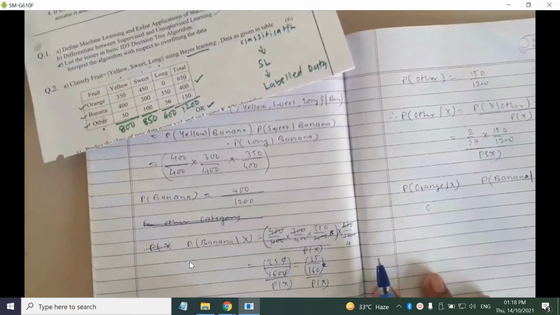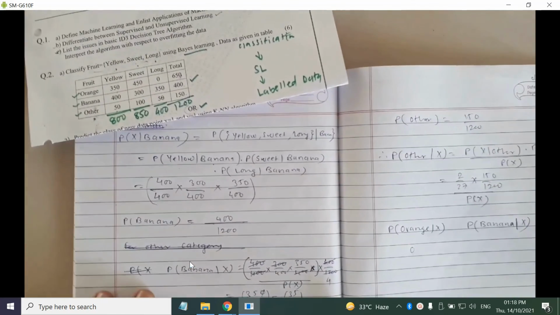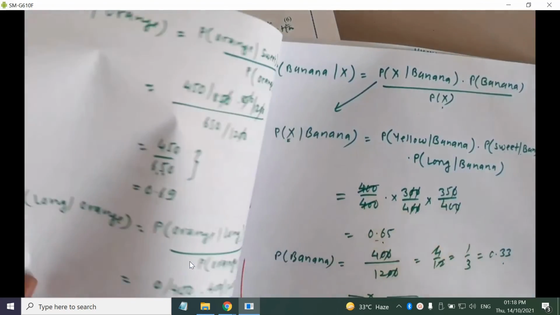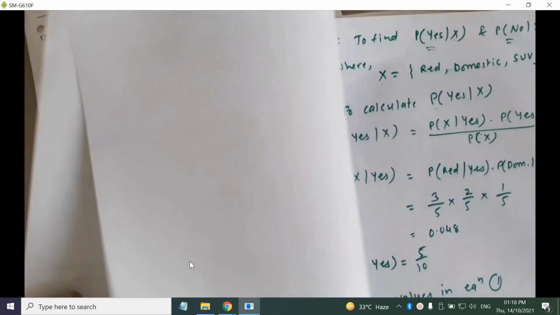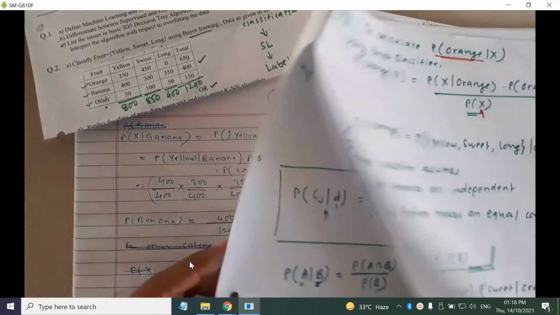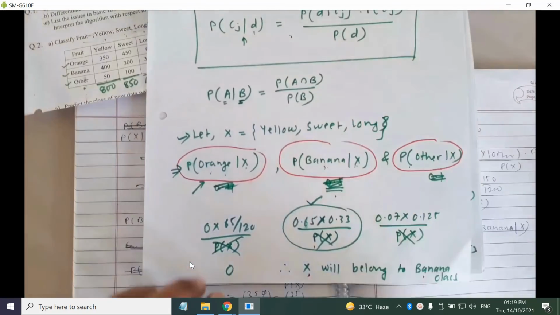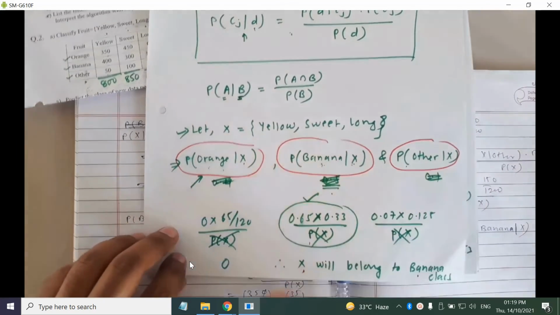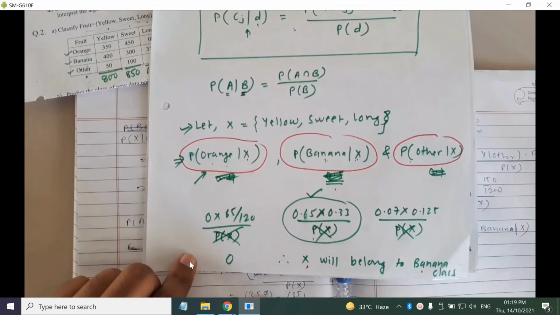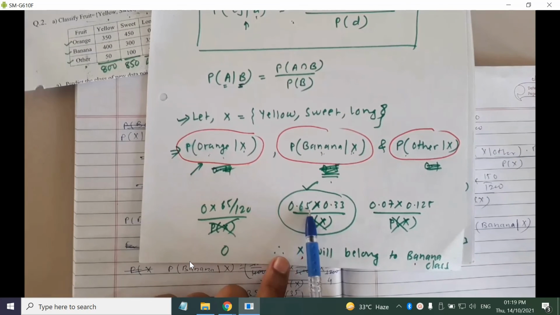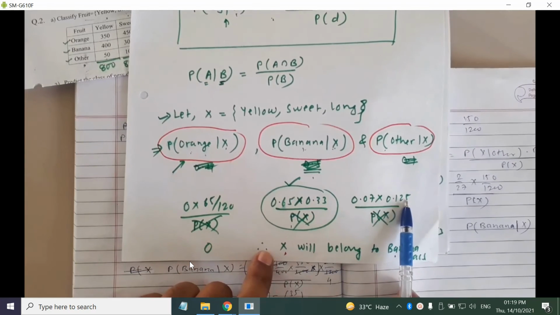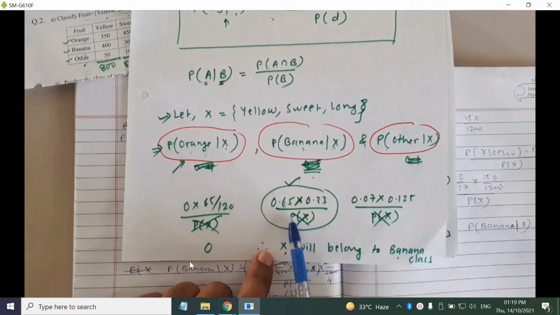So the value of this is going to be, I have the calculations: probability of orange given x is 0, it is 0.65 into 0.33, and here 0.07 into 0.1525, and I think this is the highest value.